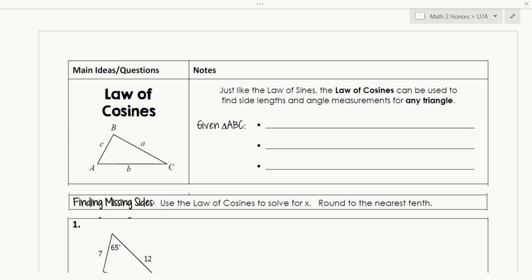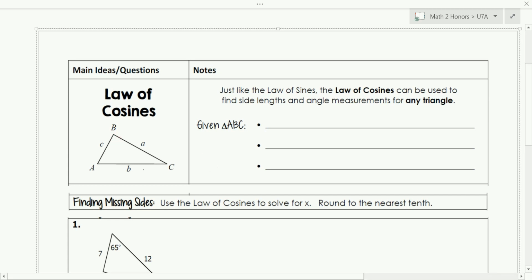So here's what it is. Say you have 3 side lengths, A, B, and C, and maybe you're looking for this angle here, okay? If you're looking for that angle, then you're going to start with the side across from the angle.